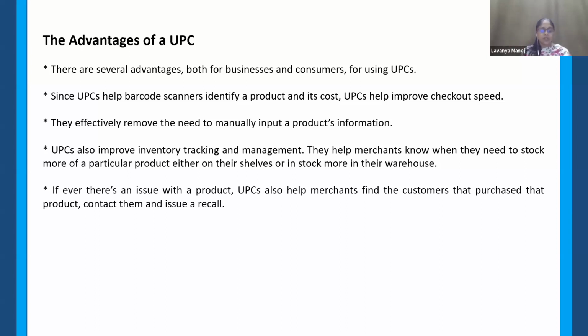They effectively remove the need to manually input, and improve inventory tracking and management. And if there is an issue with the product, UPC also helps merchants find the customers that purchased a product, contact them and issue a recall.